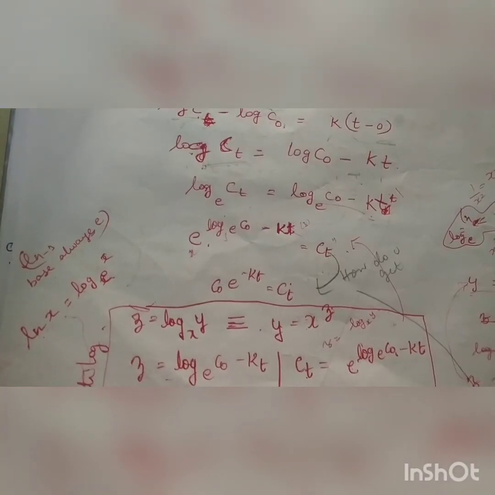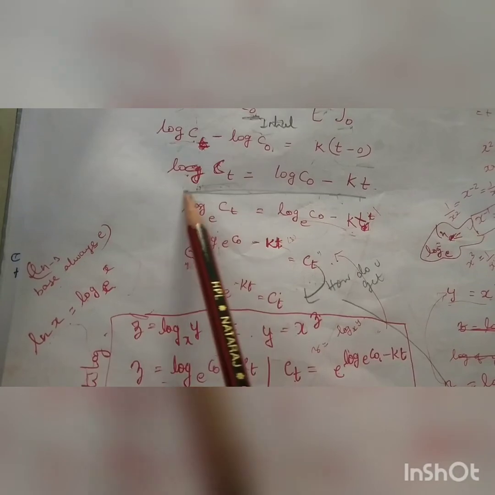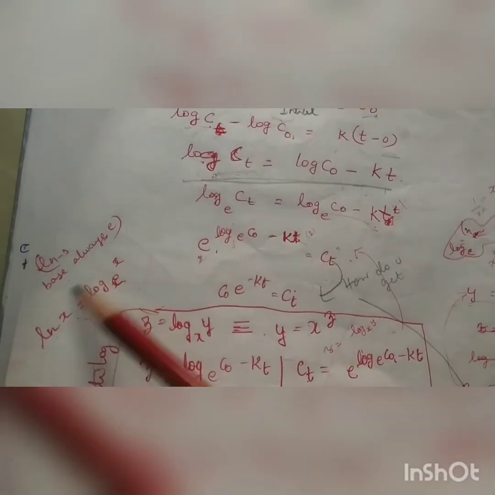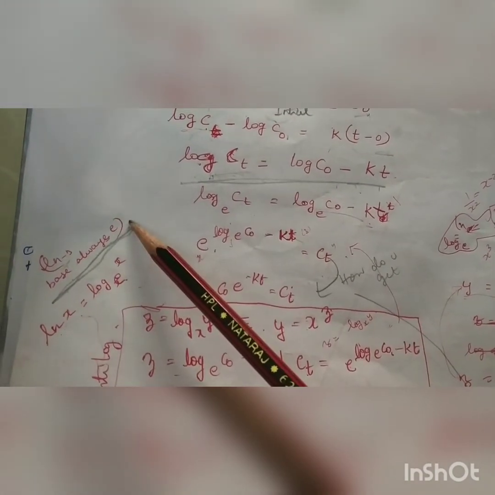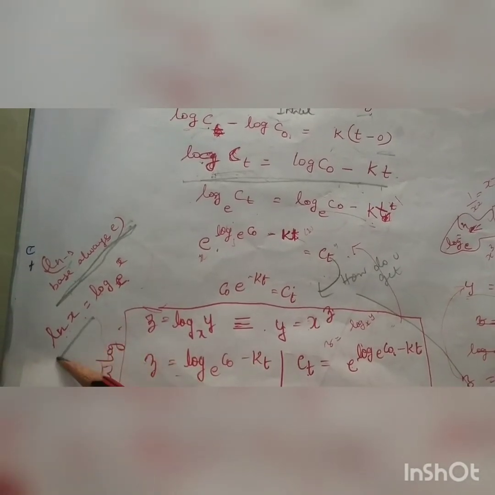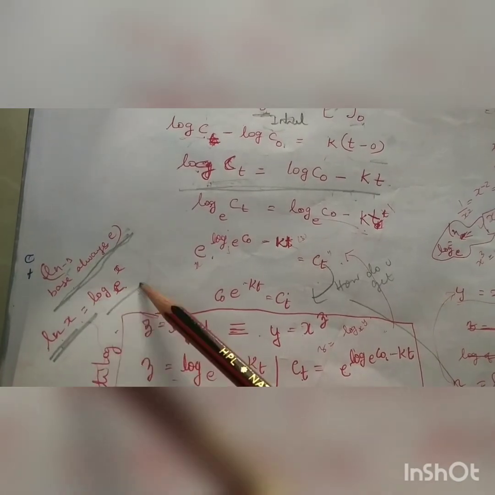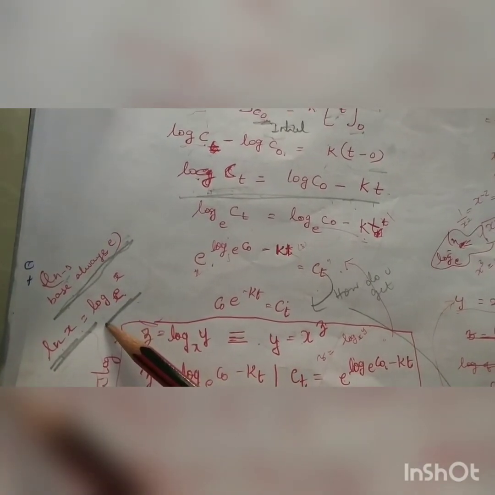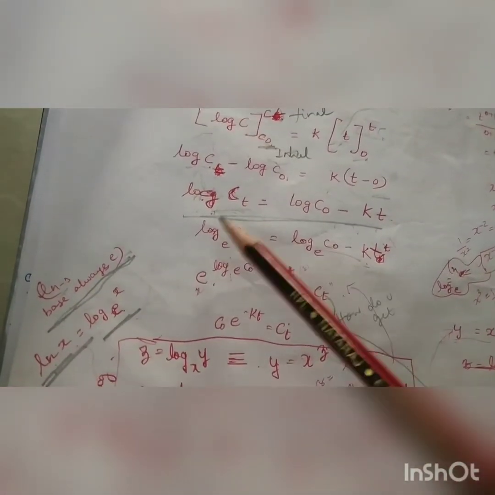And after that, from this, after rearranging, we get the equation like this. And here ln base is always e, exponential.